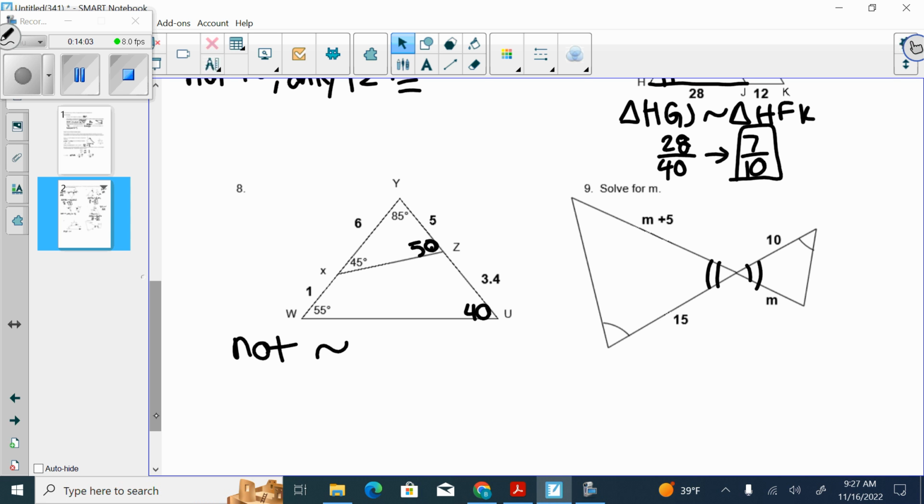Now I can set up a proportion. So I pick corresponding pieces that are both numbers for my scale factor. That would be like 15 over, good, is equal to, good. And then we just cross multiply, right?